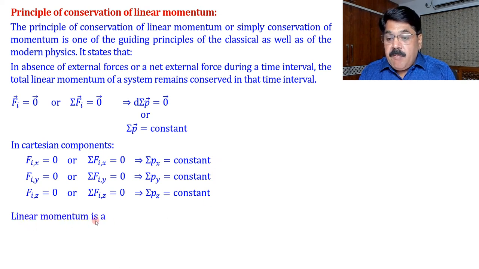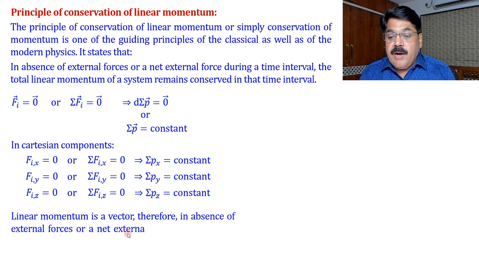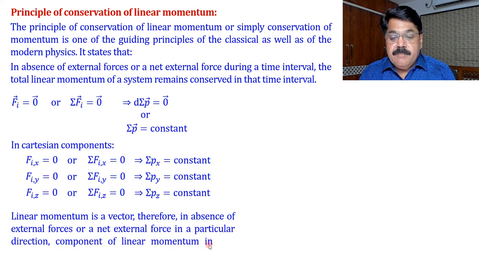So linear momentum is a vector quantity. Therefore, in the absence of external forces, or a net external force in a particular direction, the component of linear momentum in that direction remains conserved. That is a very important idea.